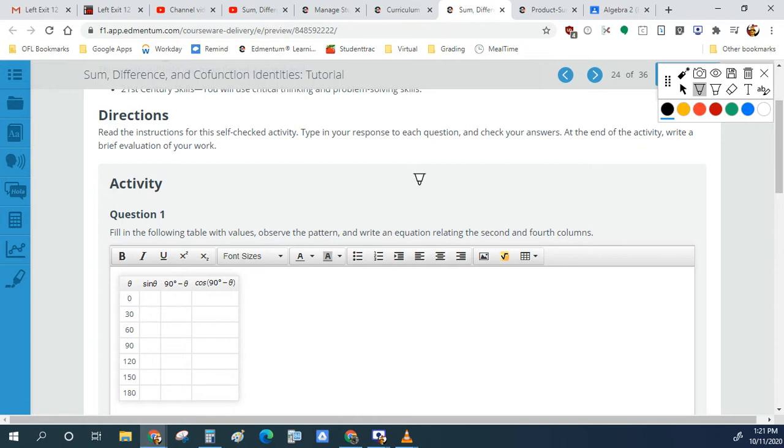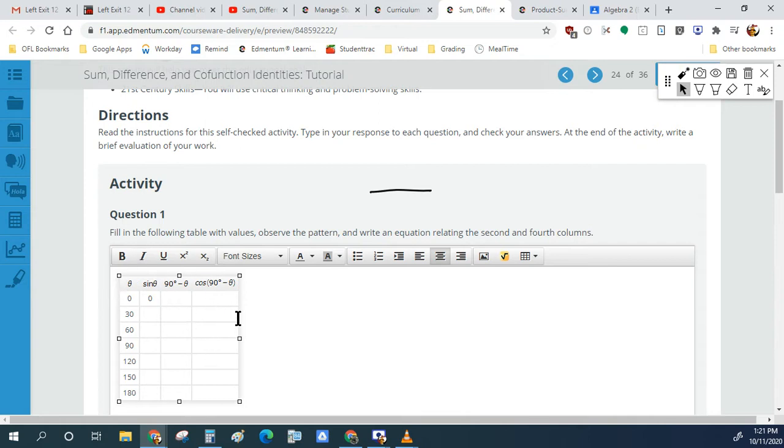So let's get into this. If I say sine of theta at 0 degrees, so in other words, my angle is 0 degrees, on a unit circle I would not have a sine. There's no y value, so I would say that this would be 0.